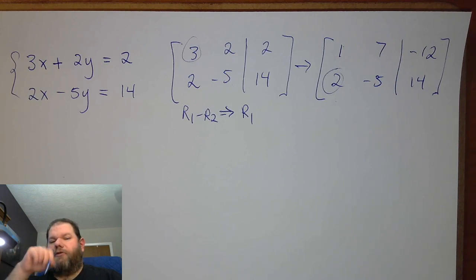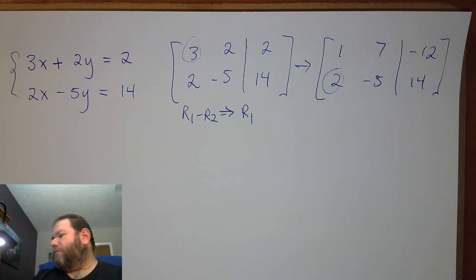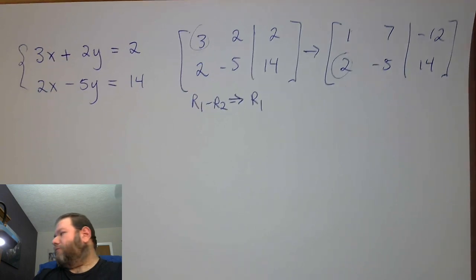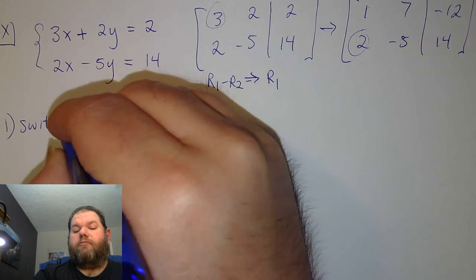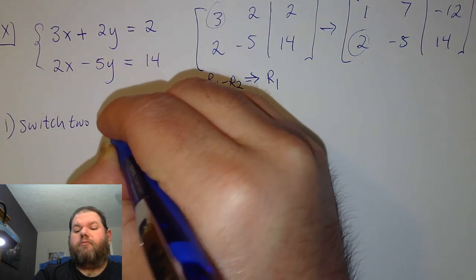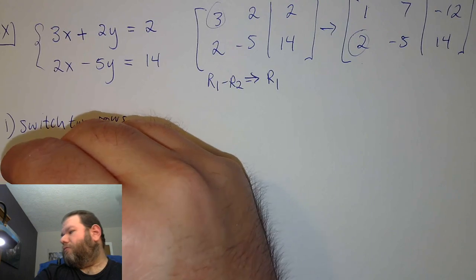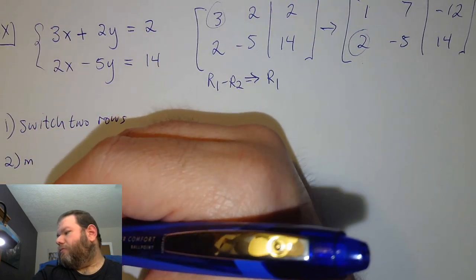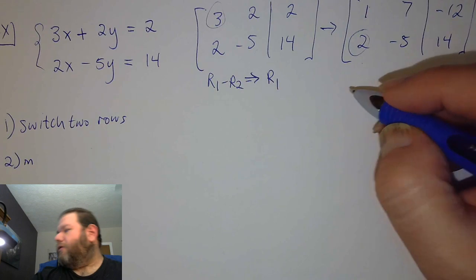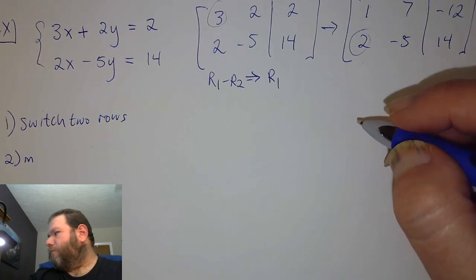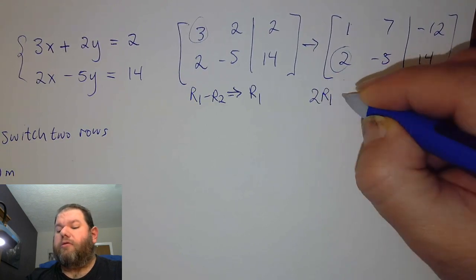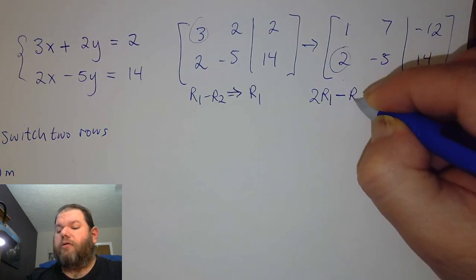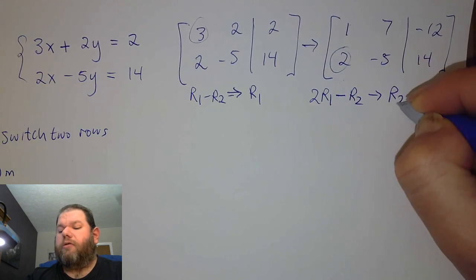We can't just multiply 2 rows either. There we go. Row 1 times 2 minus row 2. Good.